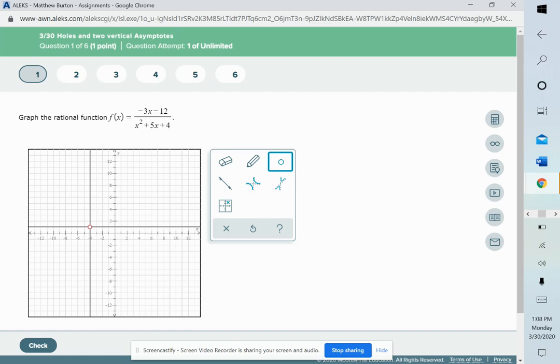I'm going to plot my y-intercept at 0, -3. Okay, that looks good. I'm going to plot my vertical asymptote at x equals -1. And I'm going to plot my horizontal asymptote at, wasn't it, y equals 0?